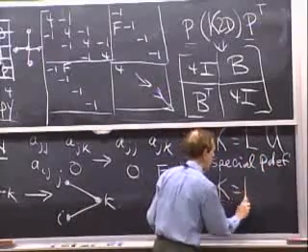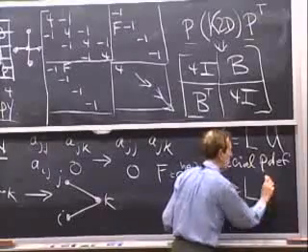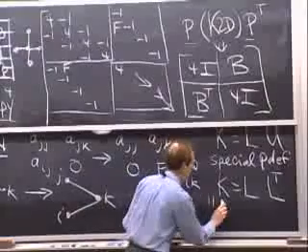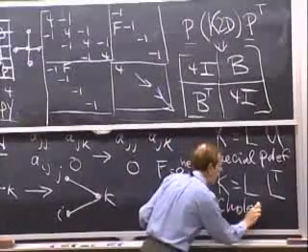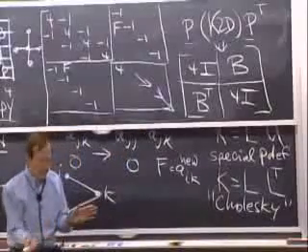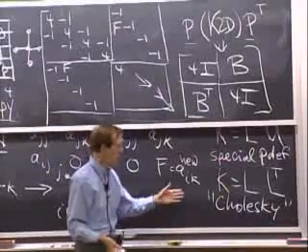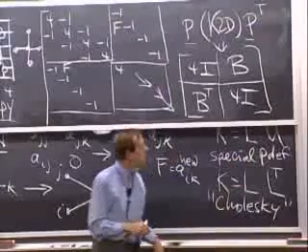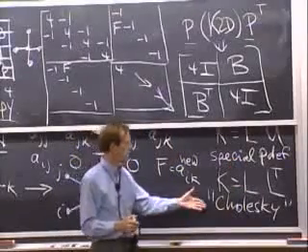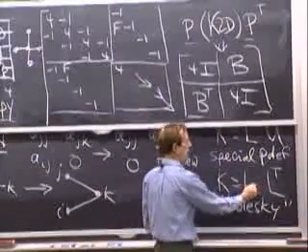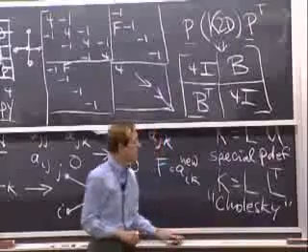We can adjust it so that K is L times L transpose. This is called Cholesky. We can arrange the scaling by putting a square root of the pivots with L and the other square root with L transpose.